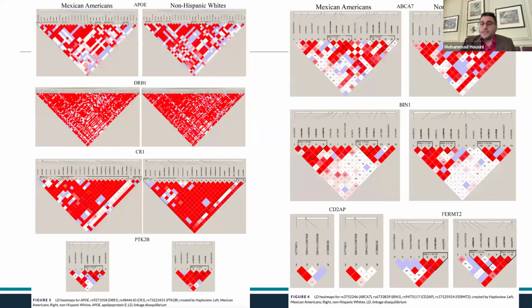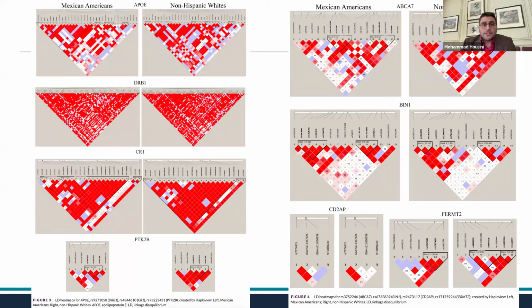The other question that we had is what kind of genetic architectural differences were there? And this is data for linkage disequilibrium. Linkage disequilibrium is essentially the non-random chance of blocks of genes being inherited together. During DNA replication and recombination, genes are shuffled and inherited in essentially random patterns, but linkage disequilibrium describes the non-random chance of genes being transmitted or inherited together.